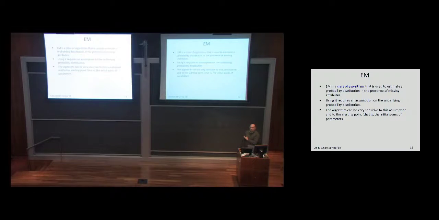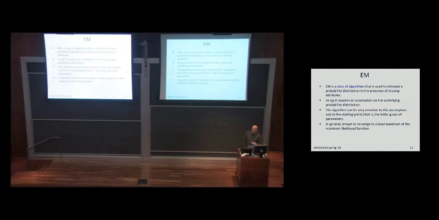this initial guess. If you guess well, it's going to converge faster. If you don't guess well, it will not. And in general, it's not going to converge to the right thing. It is known to converge to a local maximum of the maximum likelihood function.